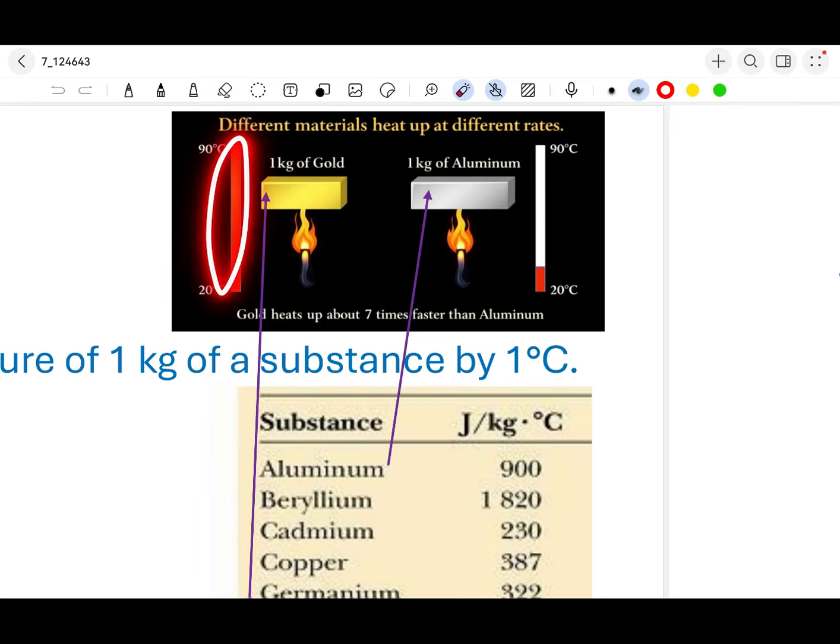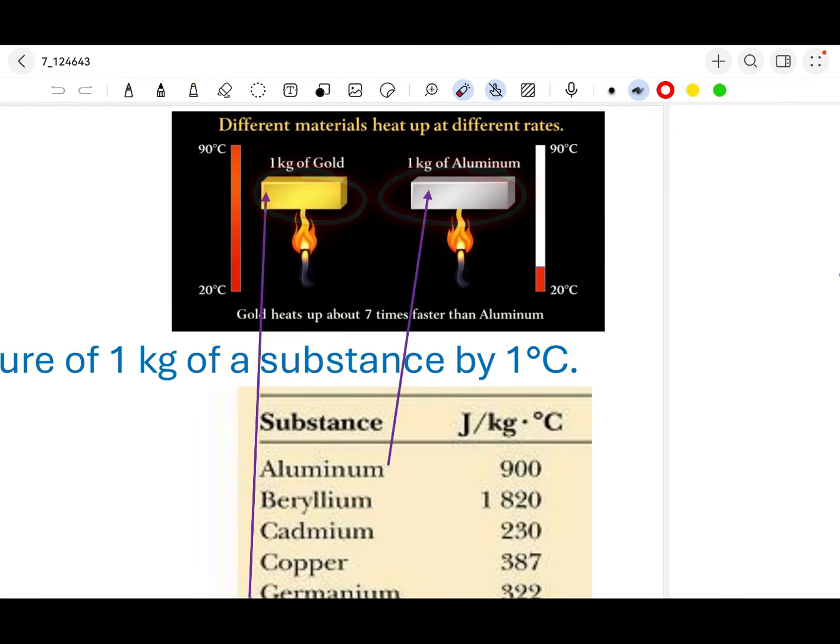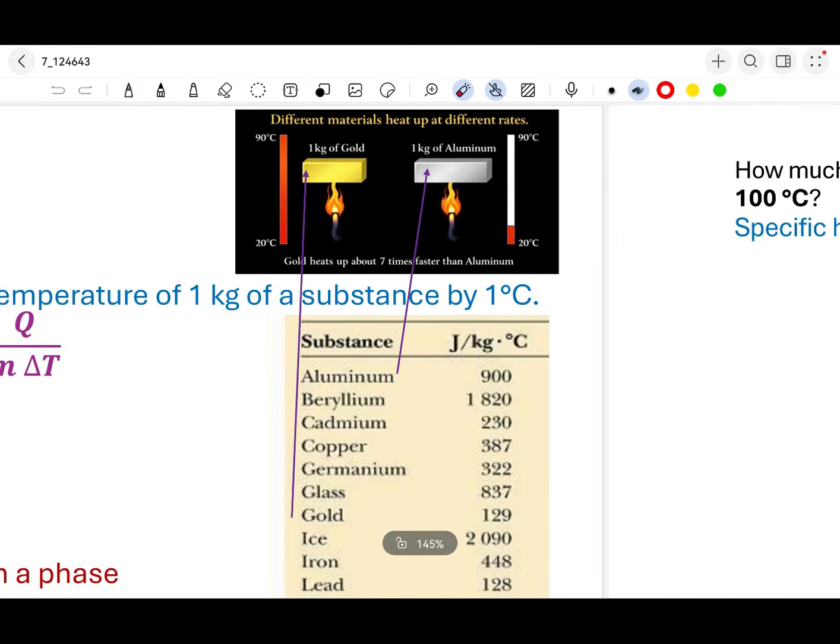So it is very clear that different materials heat up at different rates. This is just because of its specific heat. The specific heat of the gold is different, the specific heat of aluminum is different. Its values are, suppose for the gold, specific heat is 129, whereas the specific heat of the aluminum is 900, nearly 7 times higher.